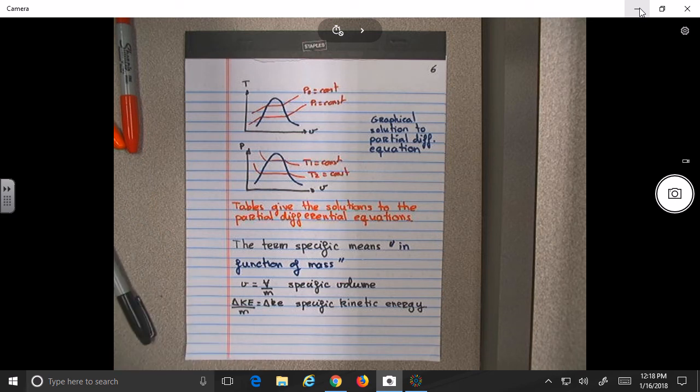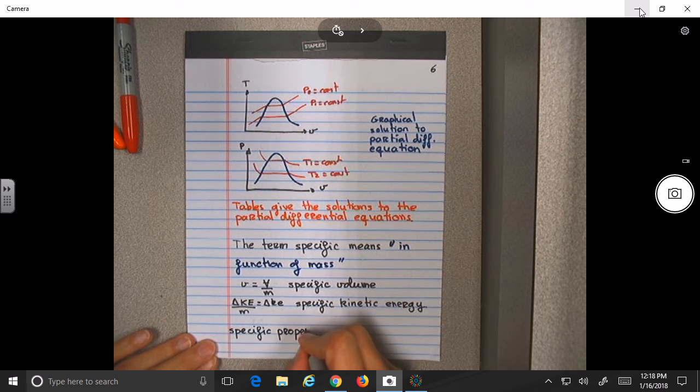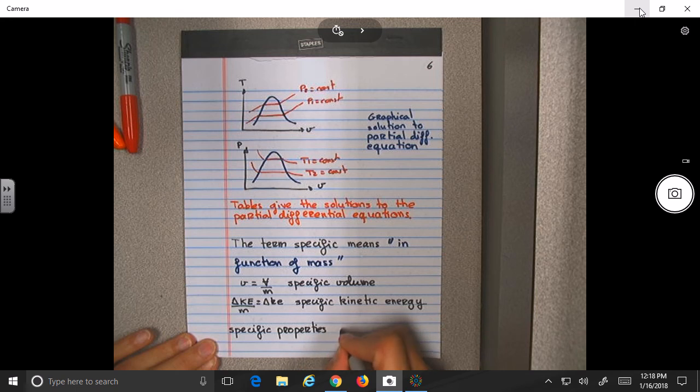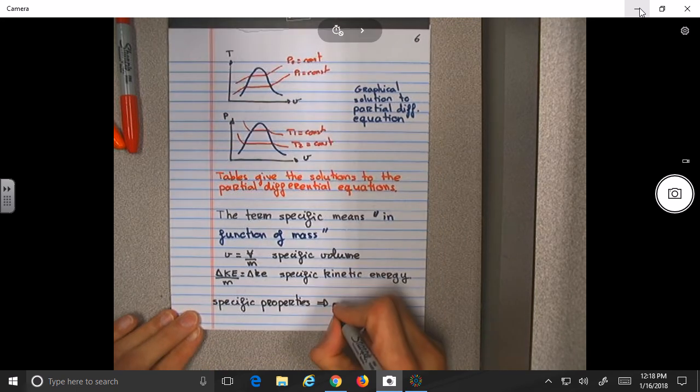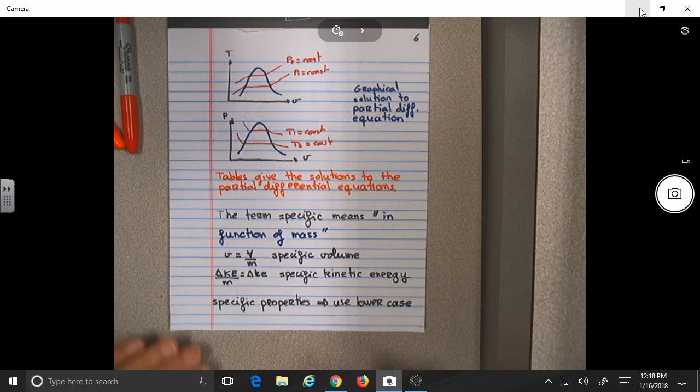Okay, and you're going to have a lot of specific properties. Generally, specific values or specific properties use lowercase. That's the way it is in the textbooks.